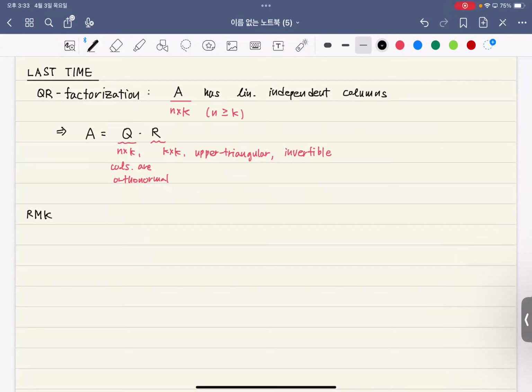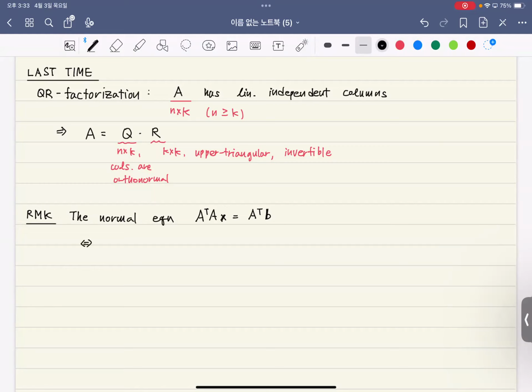There are a few remarks on the projection map. Suppose that I have my matrix as a QR factorization, then something very interesting happens. The normal equation can be reduced to a much easier equation. The normal equation can be written as A transpose A x hat equals A transpose b.